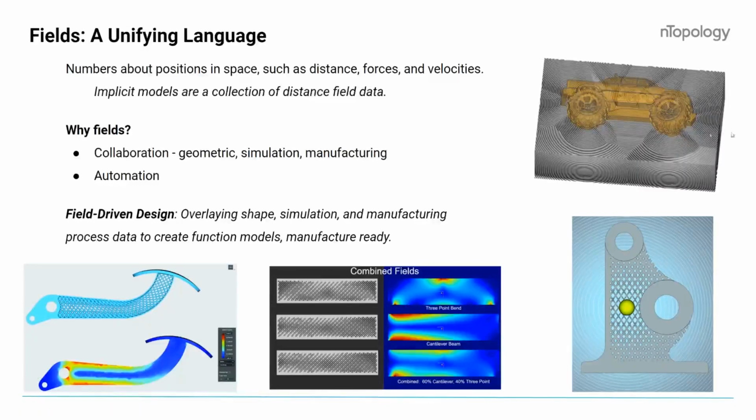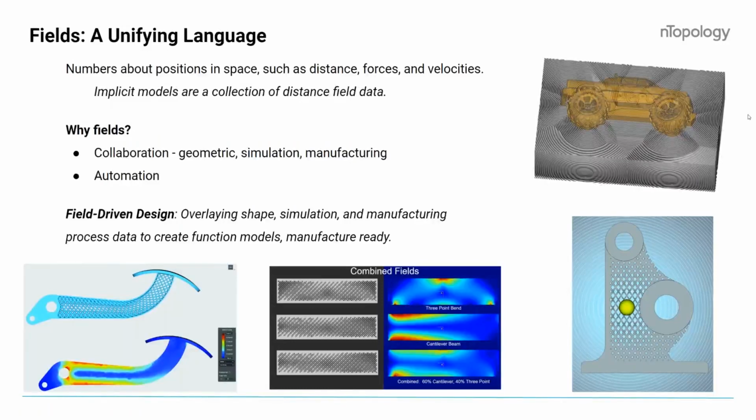So we have coined the term field-driven design, and we'll have many more of these information sessions to unpack what this means, the applications it helps, and the benefits around it. It's such a novel approach to quickly generating, defining, locking down, and controlling manufacture-ready models.